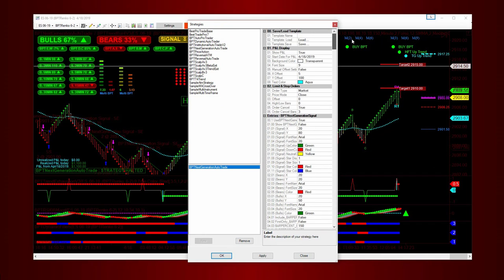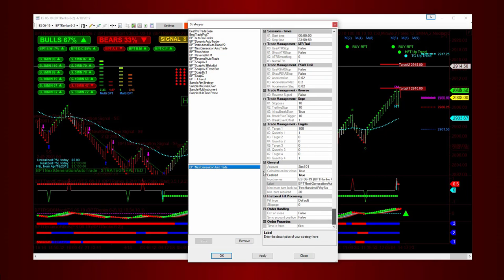And again, the Trend 4 automated trade is only available on NinjaTrader 7. The C Scalper is NinjaTrader 7 and 8. The B Scalper, NinjaTrader 7 and 8. The Trend Exit, the swing trading, is on 7 and 8.